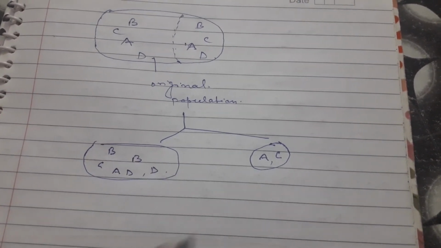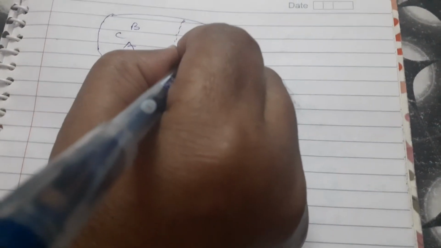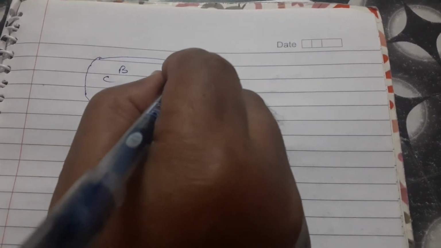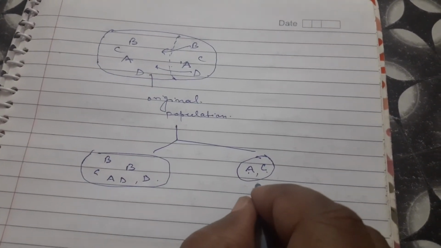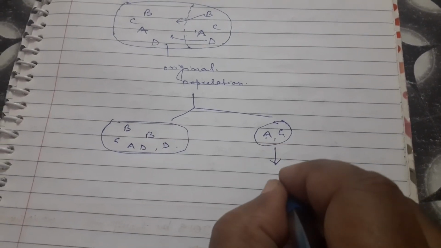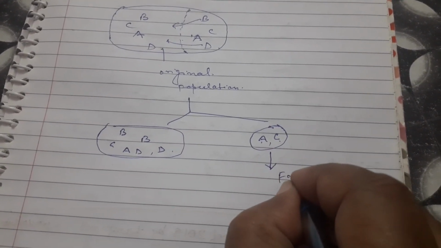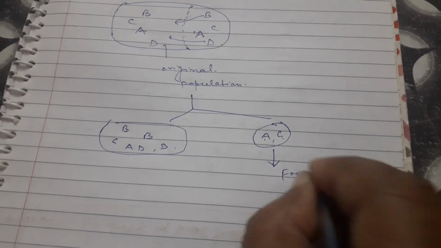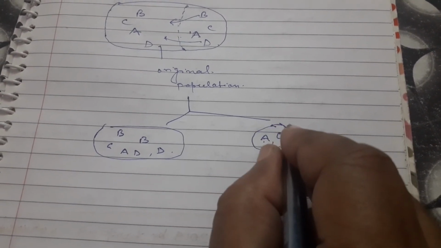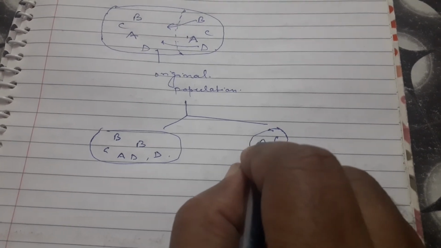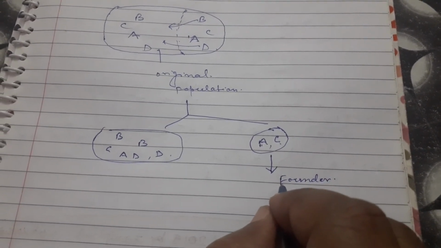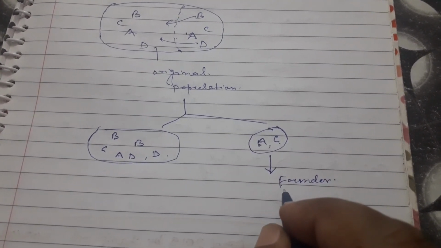Now, this population of this place is called the founder. It is small in size, with less population, and this is called the founder population.